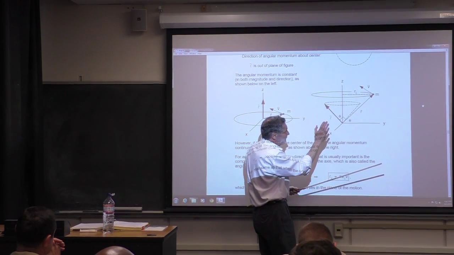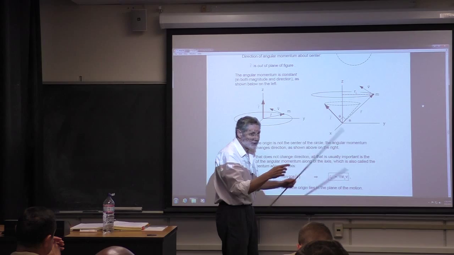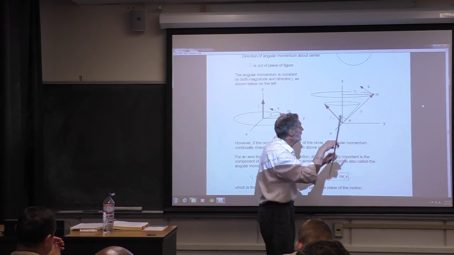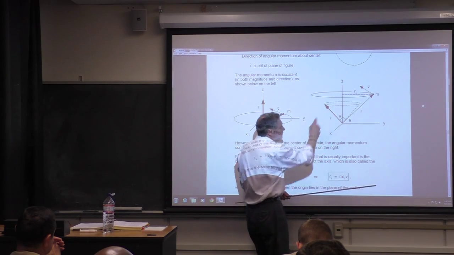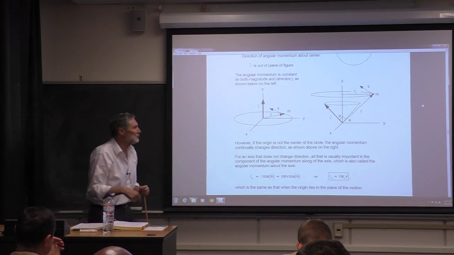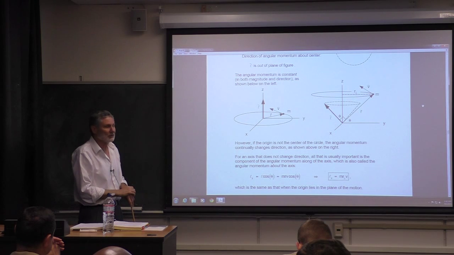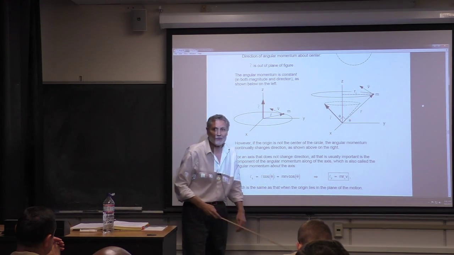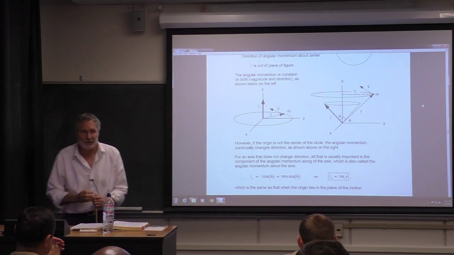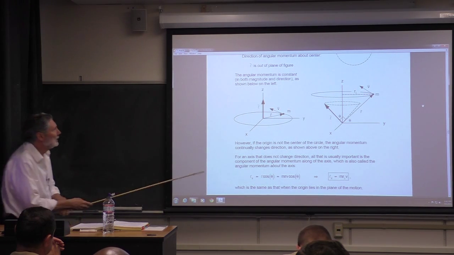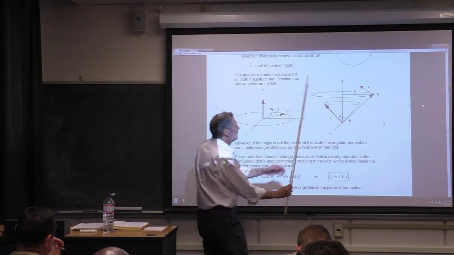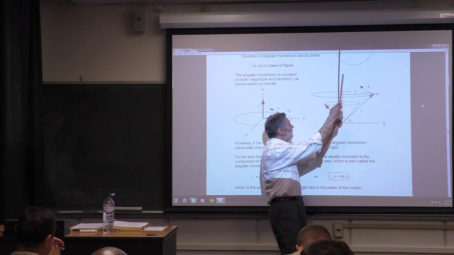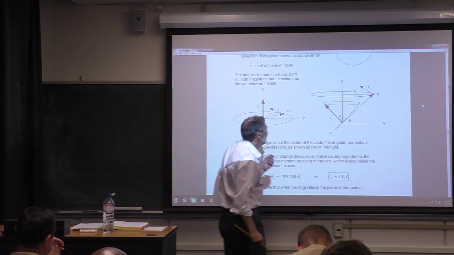I'm still going to get a 90 degree angle between this radius vector here and the momentum. But where does the angular momentum point? Well, it points off here, perpendicular to there. And now what happens as it's undergoing uniform circular motion? It's going to trace out a cone here. The magnitude of the angular momentum stays constant, but its direction steadily changes. It's going to go around like this. When the particle's 90 degrees back there, it's going to be pointing out like this. It's going to go around.